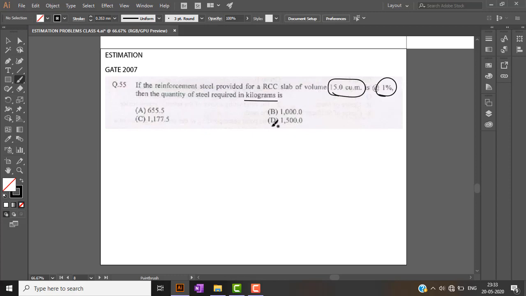So the quantity of steel required in kilograms will be, all you have to do is take this 1%, that is nothing but steel used as 15 divided by 100, that's 0.15. So 0.15 meter cube of steel is used, and we know the density of steel, that is 7850 kilogram per meter cube.